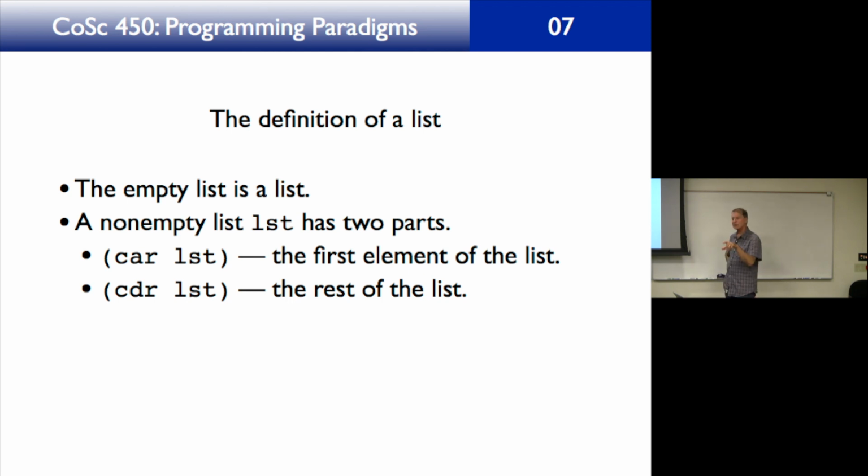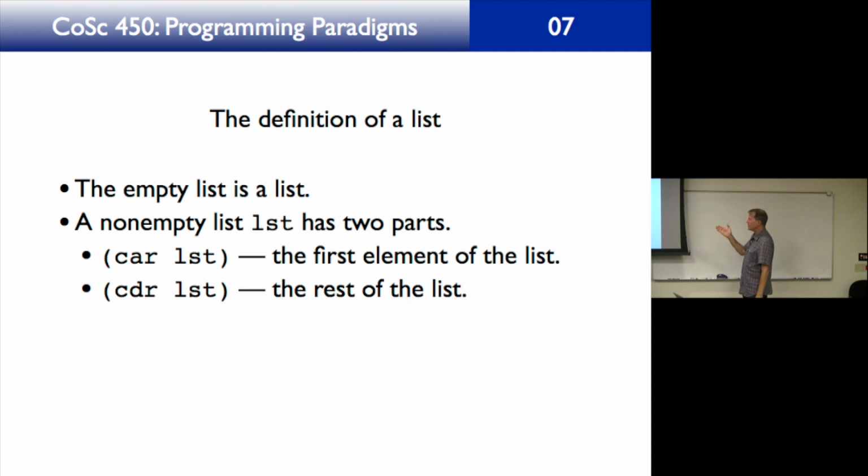You guys who have had data structures, does first and rest sound familiar? That's what we called them when we did lists in data structures. And the book actually shows you some low-level linked lists of how the first and the rest are set up.